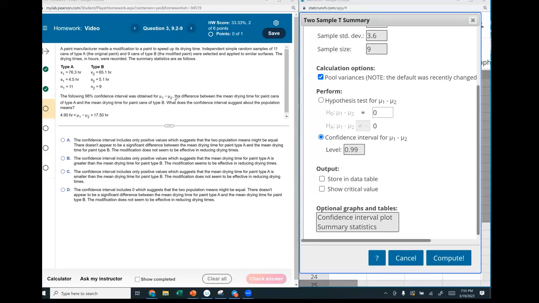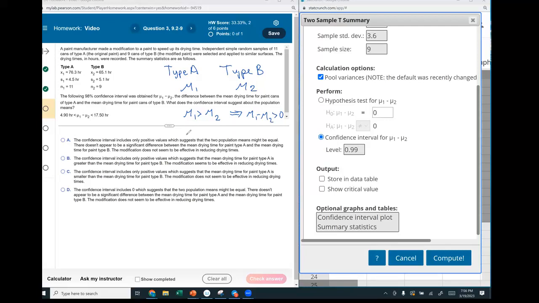Now we're not being asked to actually find the confidence interval. We're given the confidence interval and we want to know what it's saying. So if type A is mu1 and type B is mu2, then if the drying time for A was greater, so if mu1 is greater than mu2, then mu1 minus mu2 would be greater than 0.